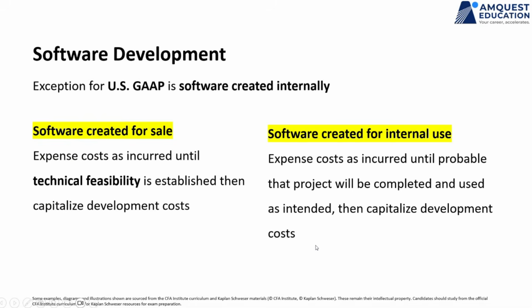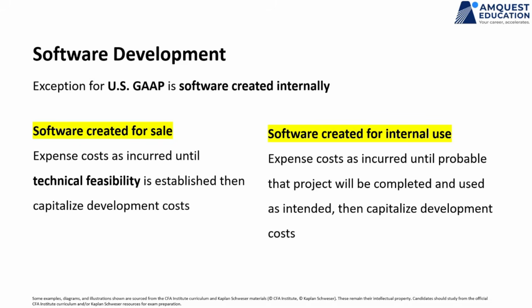Software development. The exception for US GAAP is software created internally. Software, if created for sale, expense cost as incurred until technical feasibility is established and then capitalize development cost. So initial cost should be expensed, but development cost should be capitalized if technical feasibility is established.